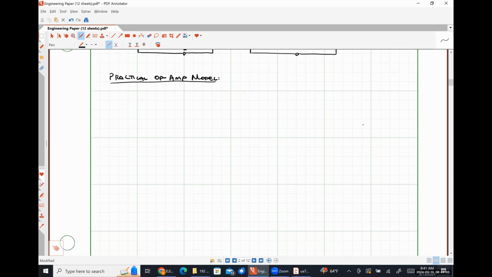So for the next little bit, by that I mean the next week or so, anytime we see an operational amplifier in a schematic diagram, I'm putting the symbol here, right? So this terminal over here to the left is our non-inverting input.